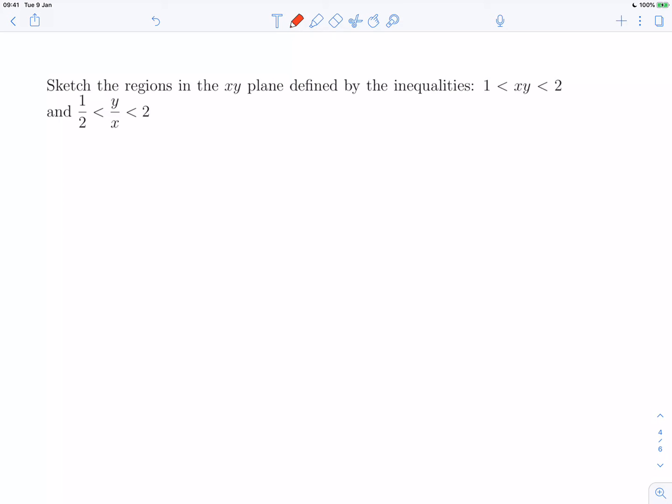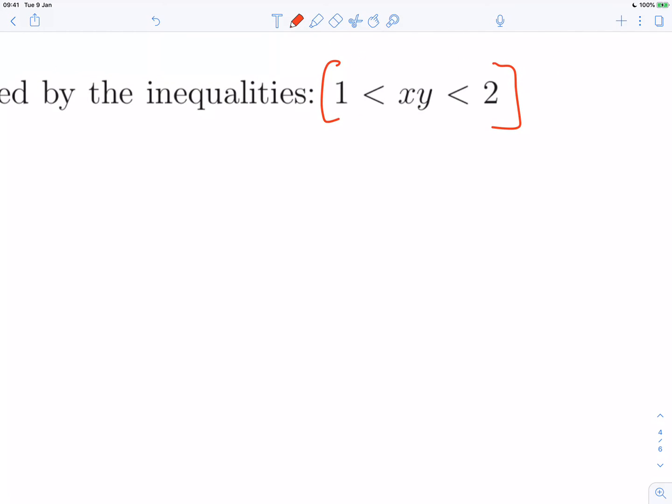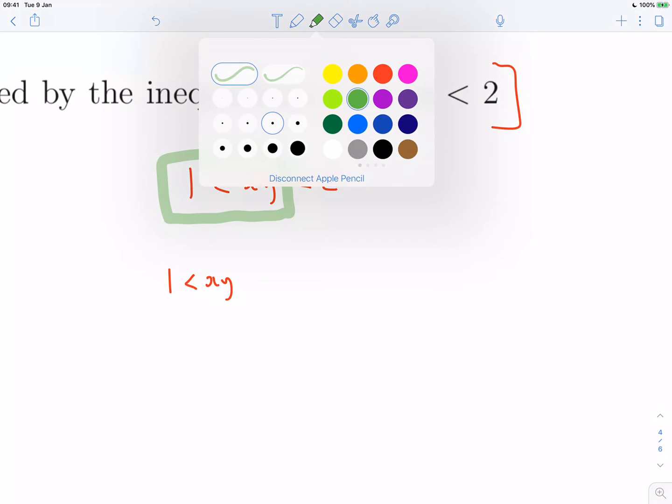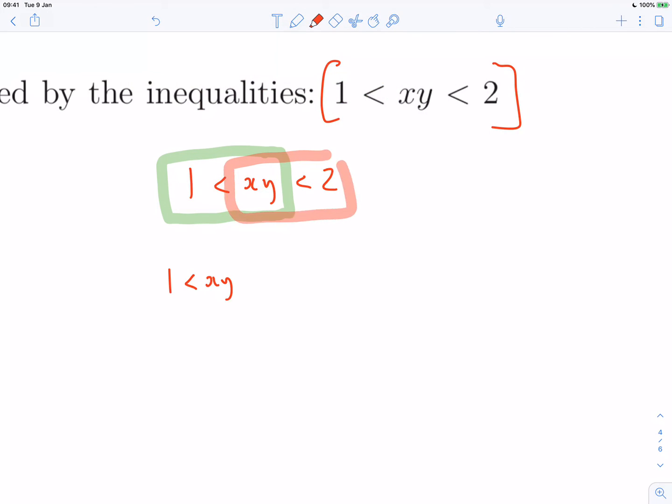Right, let's deal with this one first. So what does that mean? Well, if 1 is less than xy is less than 2, the trick is to do a pair at a time, i.e. consider 1 is less than xy, and then consider secondly when xy is less than 2.